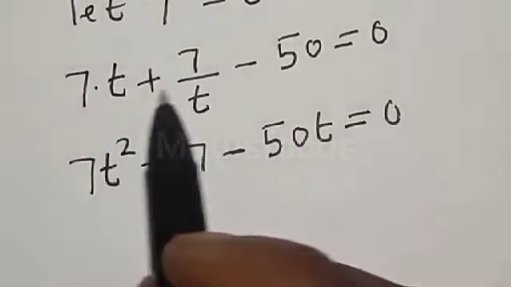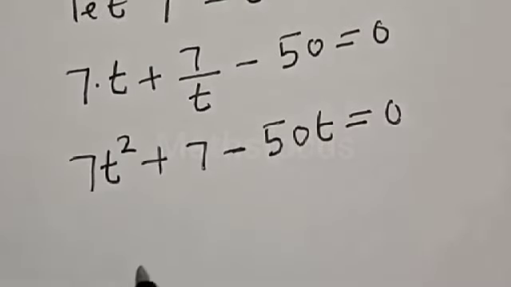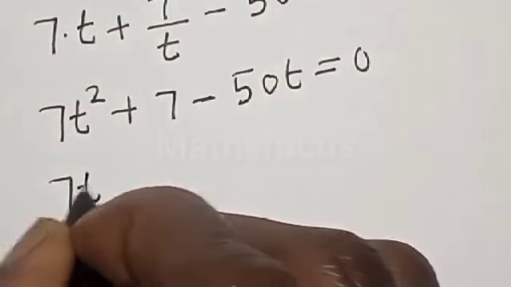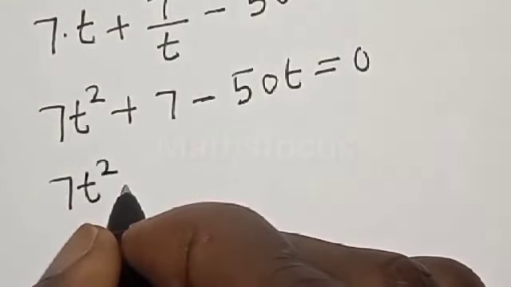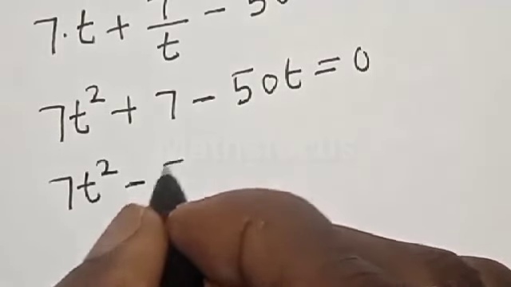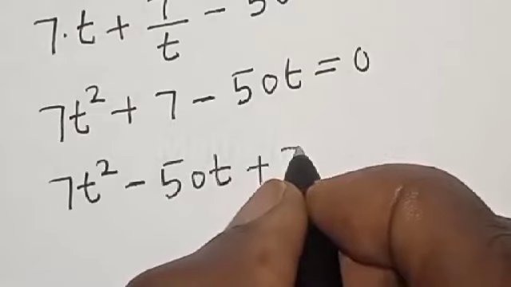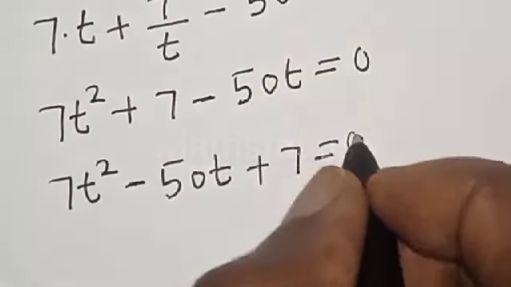That is what you get if you multiply all through by t. Now we have 7t squared minus 50t plus 7 is equal to 0.